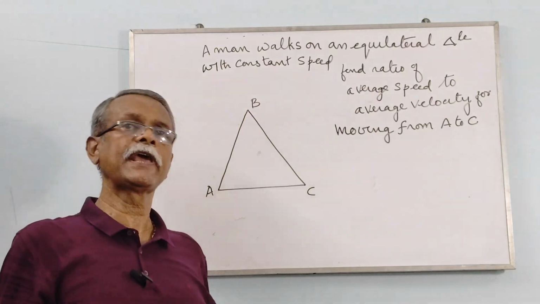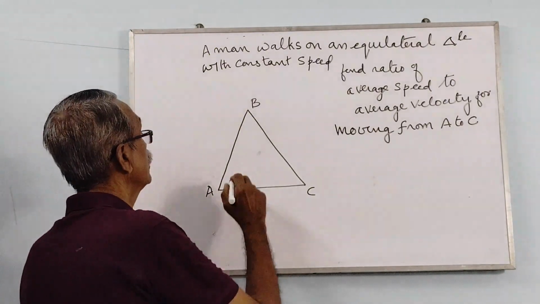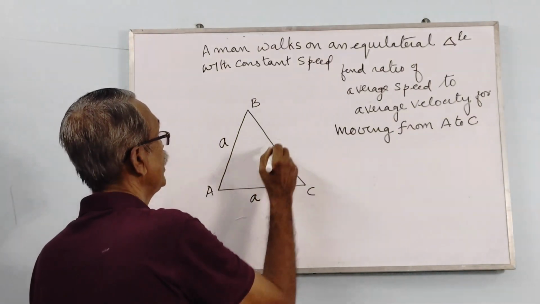He is moving with the same, uniform speed. Therefore, let this side be a; this is equilateral, therefore this side is also a.